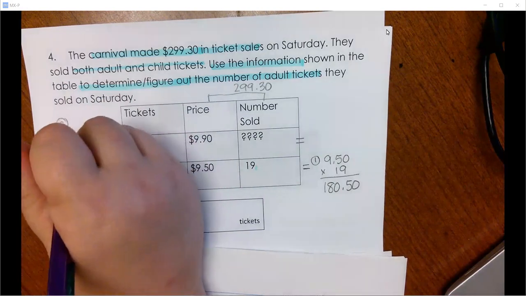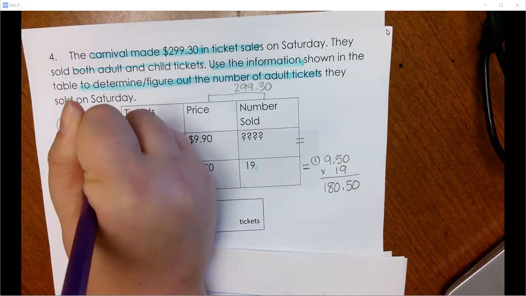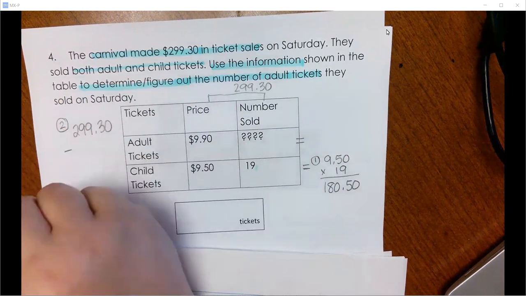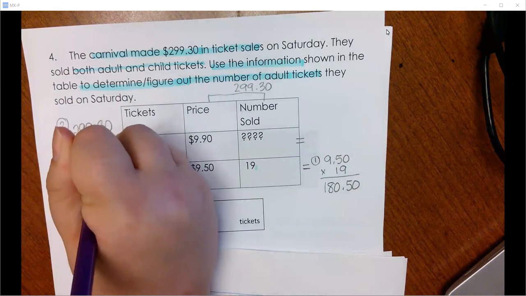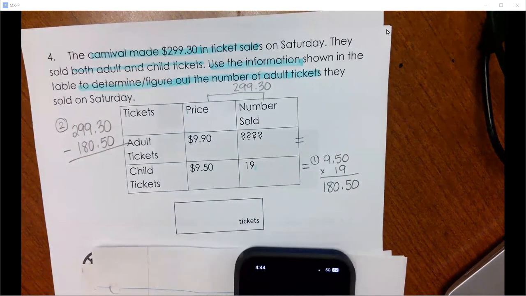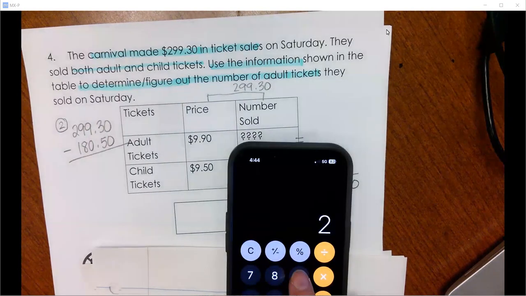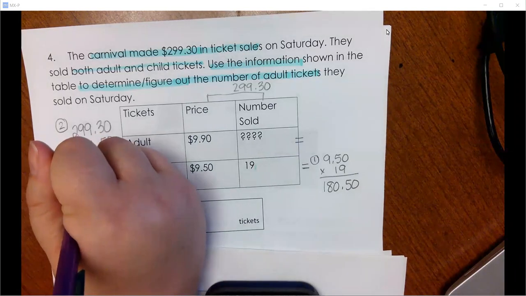So I'm going to take $299.30 and subtract 180.50. 299.30 minus 180.50 is $118.80.